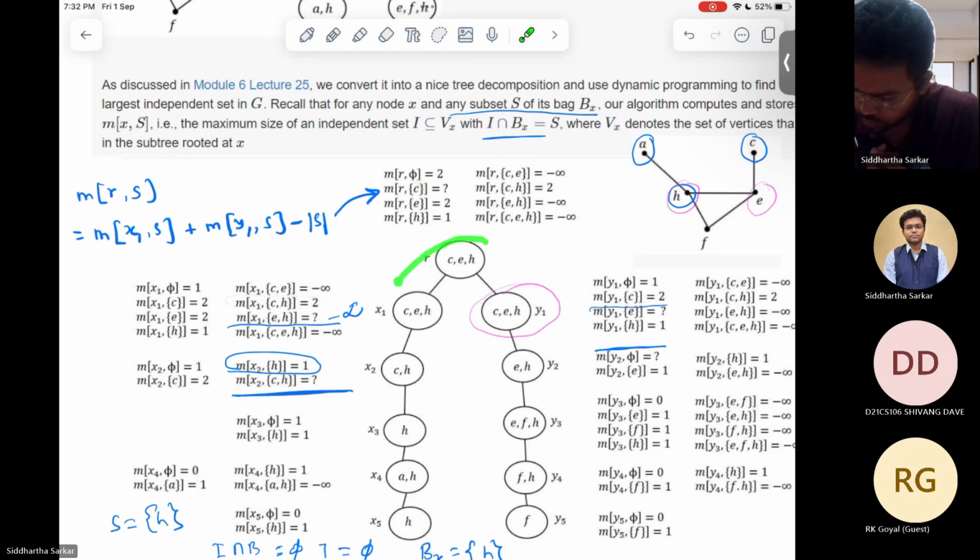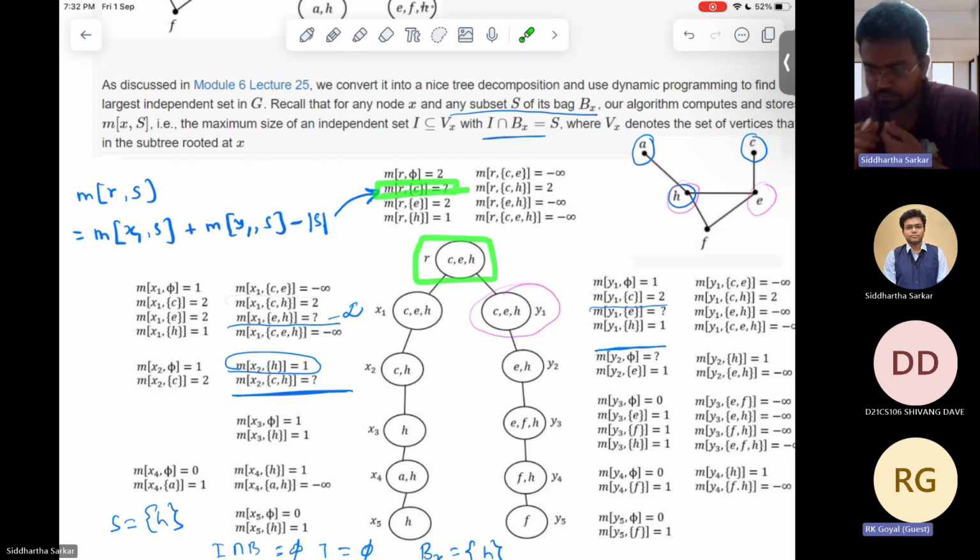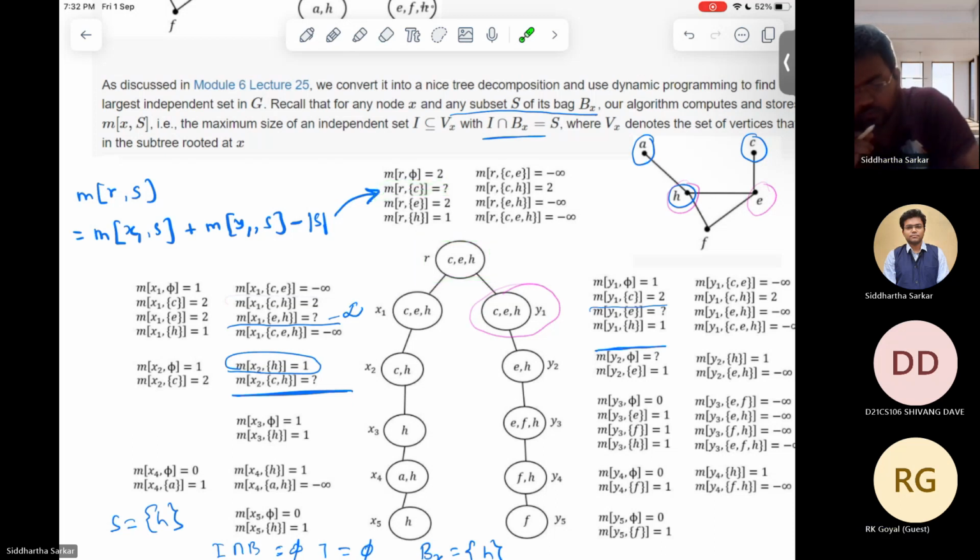All the vertices are there in the rooted subtree at R. What is to be computed? We want to compute this entry M R comma C. Here the value of S is nothing but the singleton set C, and we are looking at these two children.